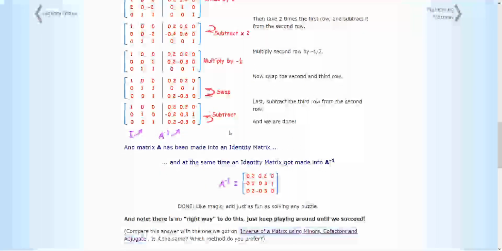Alright, we have seen a few examples and we've done a bit of operations on them, and we have also seen how this actually makes sense. If A becomes the identity matrix, then the identity matrix I becomes the inverse.